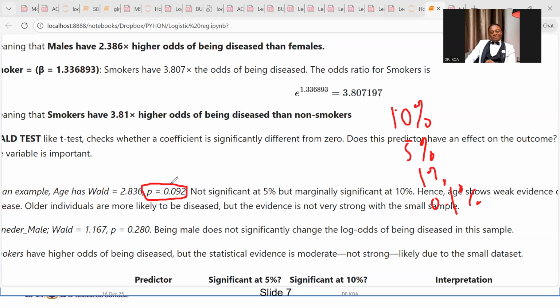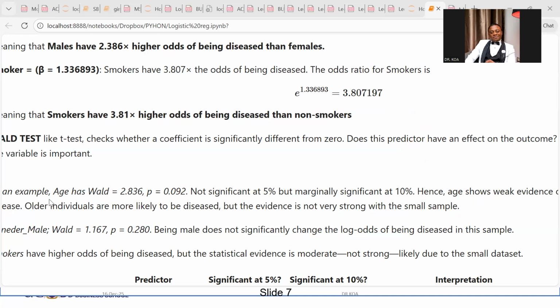It's almost. When would I have not said marginally? When would I have said it is significant at 10%? When the value was what? Something like 0.06. Exactly. So when it is 6%, 7%, yes, you can now choose to say that it is significant at 10%.